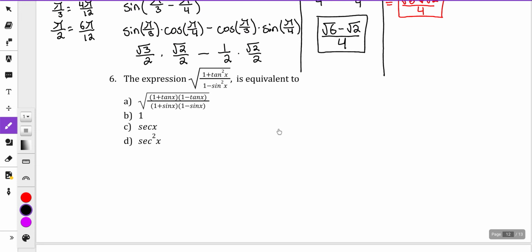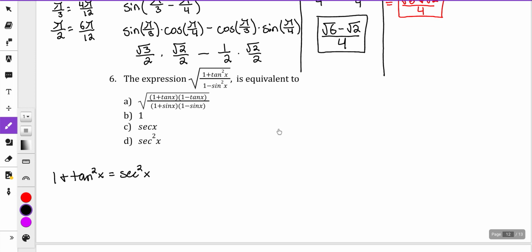Instead, I'm going to see if I can simplify that radical on the inside, if I can make that radicand a little more simple. Looking at the numerator, I'm going to look for 1 plus tan squared on my formula sheet. You do find it. It says 1 plus tan squared equals secant squared. That is on your formula sheet.